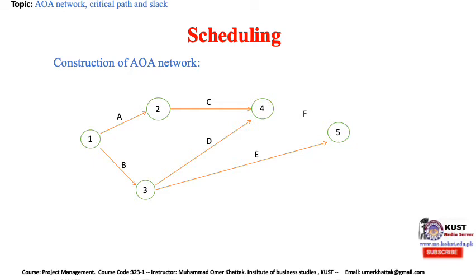Again, activity F does not have any successor activities, but it does have two predecessor activities, C and D. So we draw the arrow of activity F from node 4 and it ends up at node 5, which means that it would be the end of the project.